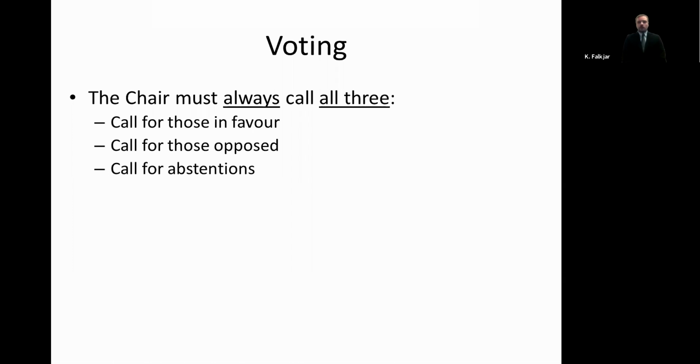If you don't call for all three, the secretary has no way of keeping complete minutes. Noting that if you think of an election result, it would always show all of the votes, even for the lowest levels of candidates.